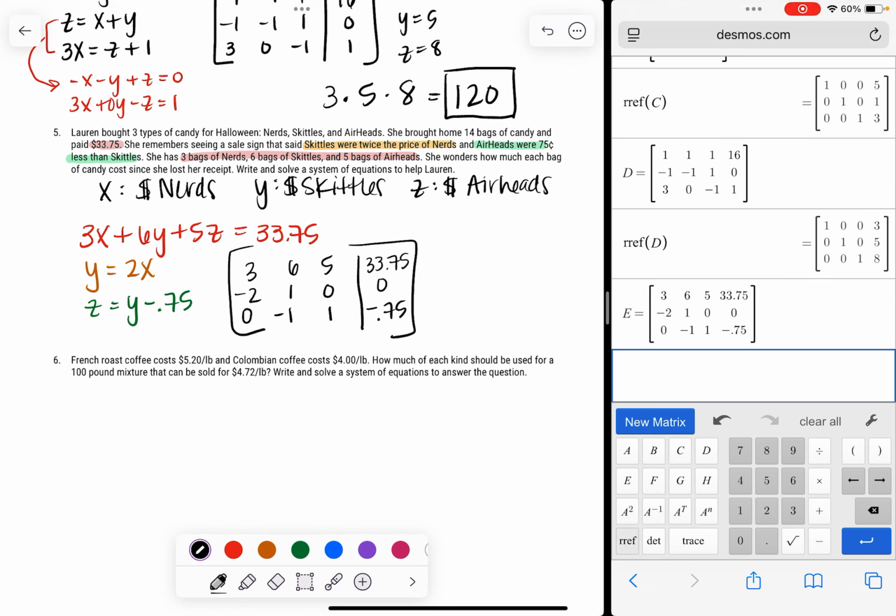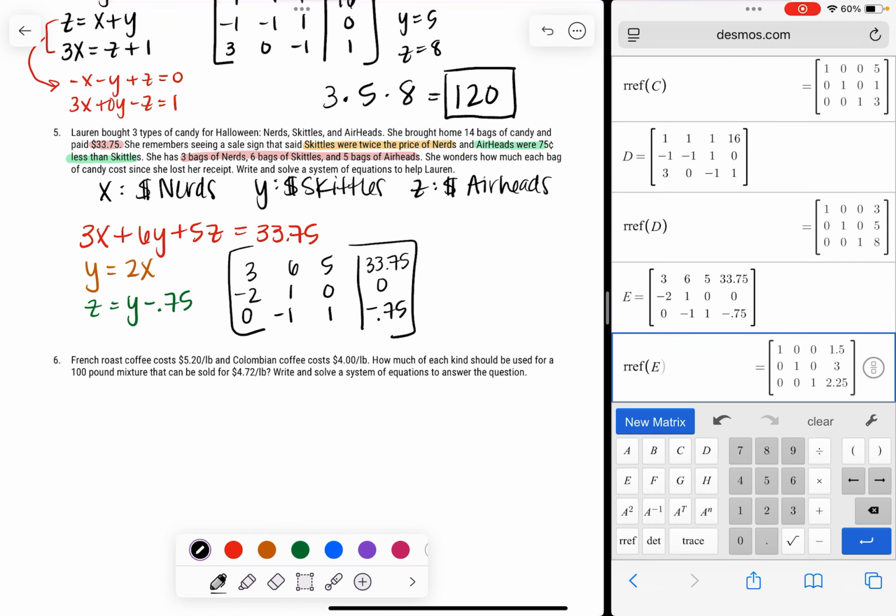Enter. RREF E. And so this tells me that the price of Nerds, I'm just going to kind of write it already, Nerds is $1.50. The price of Skittles is $3. And the price of Airheads is $2.25.